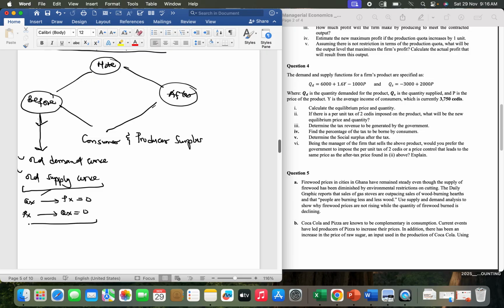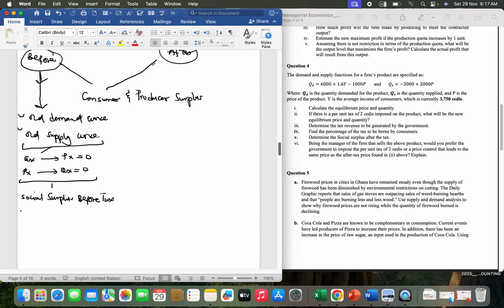At the end of this, in finding the social surplus before tax, it becomes your consumer surplus plus your producer surplus plus your tax revenue. I think I've simplified it.